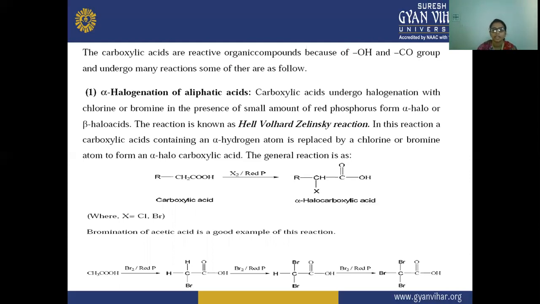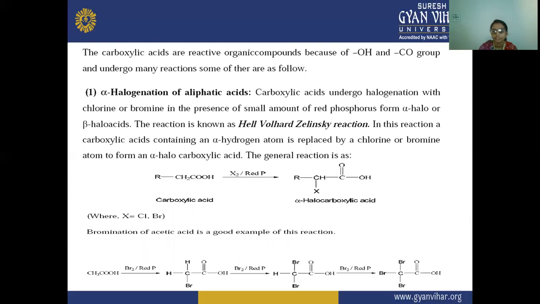In this reaction, also known as the Hell-Volhard-Zelinsky reaction, the carboxylic acid is undergoing halogenation. Halogenation means it is reacting with halogens, chlorine or bromine, in the presence of red phosphorus. A small amount of red phosphorus is used, and there is a formation of an alpha or beta halo acid, where the halogen is bonded at the alpha or beta position of the molecule.